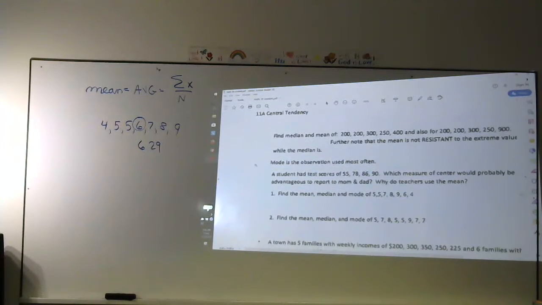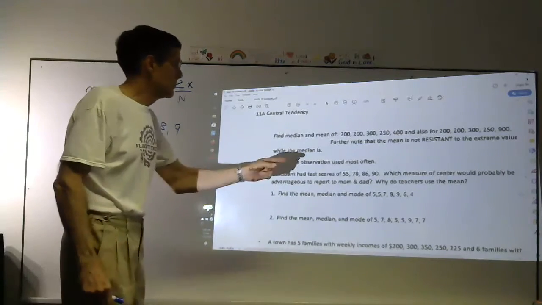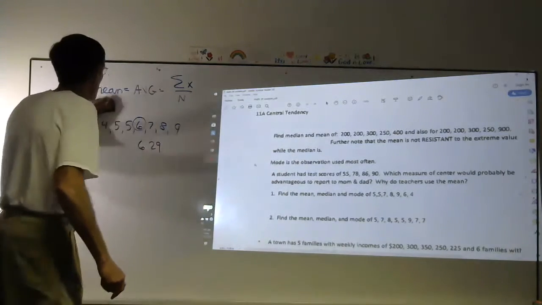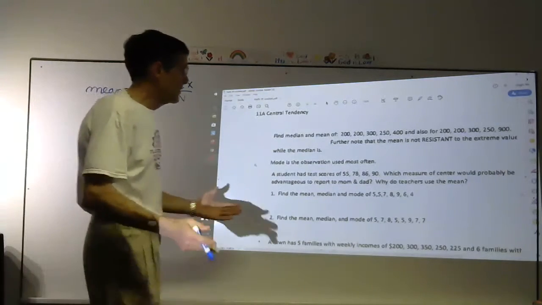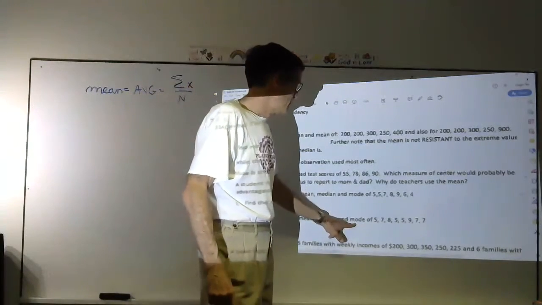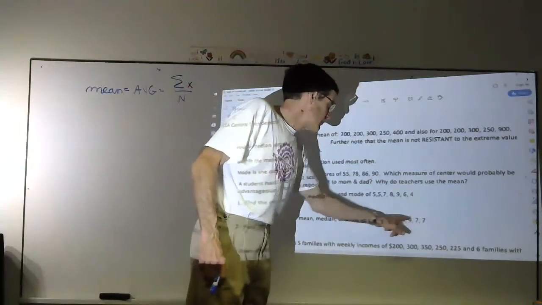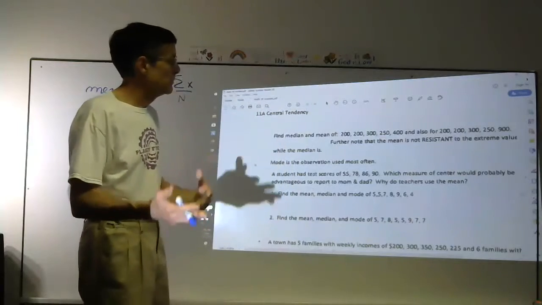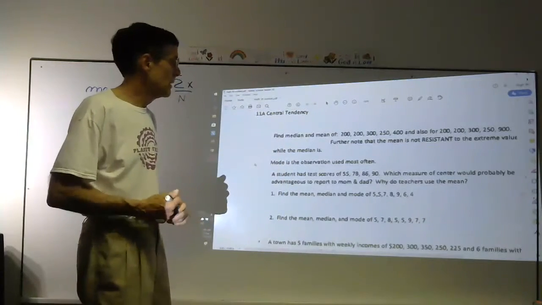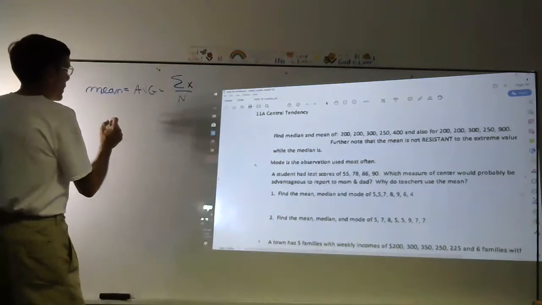Okay. Number 2, do the same thing for this particular set of data. Same thing. Now, does anything jump out at you right away about the mode? We have 2 modes. 7 is used 3 times, 5 is used 3 times, so the mode would be 5 or 7. Now let's put them in order.